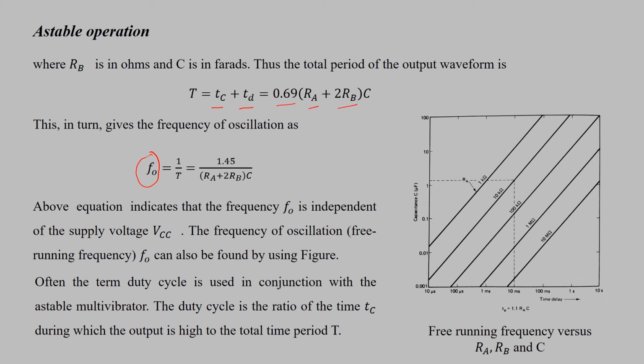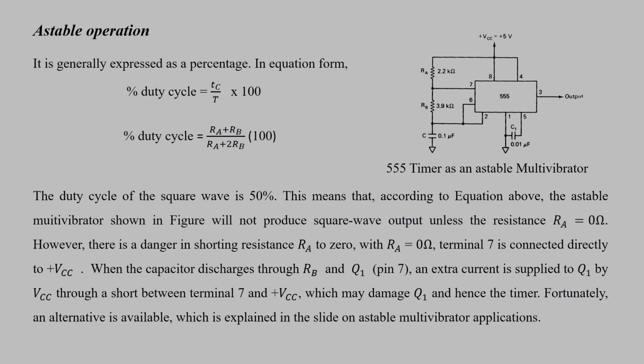Often the term duty cycle is used in conjunction with astable multivibrator. The duty cycle is the ratio of the time Tc during which the output is high to the total time period. The duty cycle is expressed as Tc/T × 100, which is (Ra + Rb)/(Ra + 2Rb) × 100.